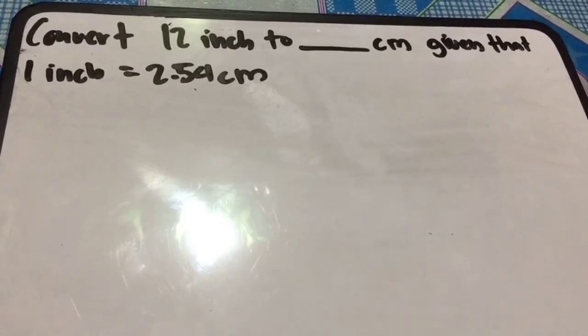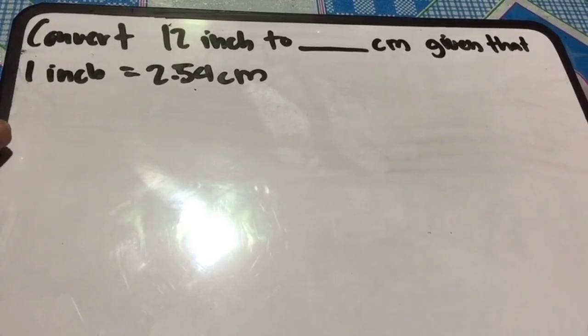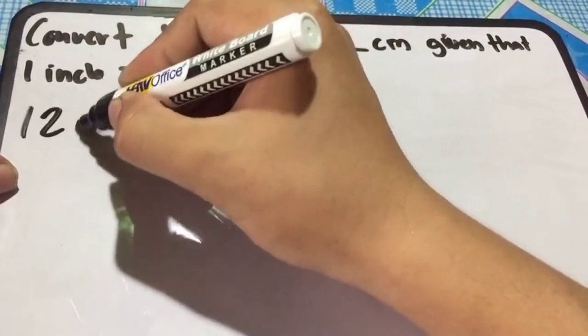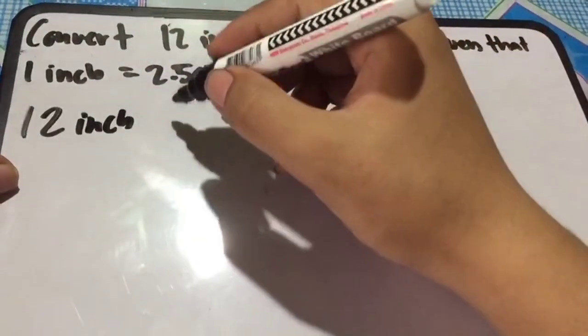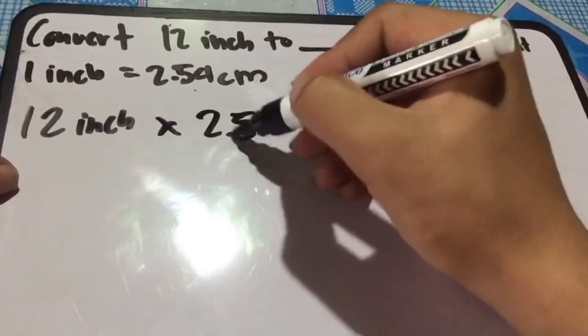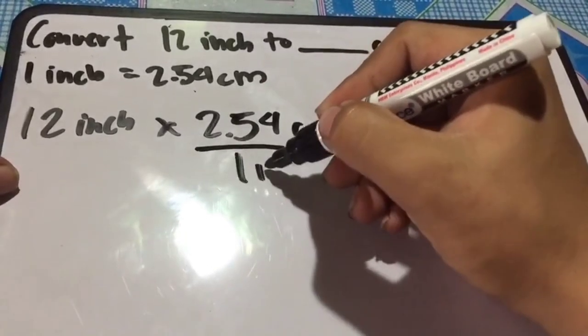First example is convert 12 inch to centimeter given that 1 inch is 2.54 centimeter. The first thing we're gonna do is copy the 12 inch and multiply it to 2.54 centimeter over 1 inch.